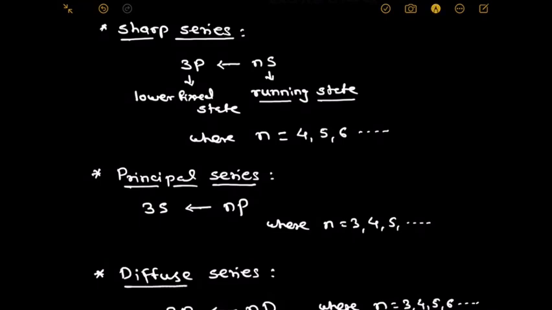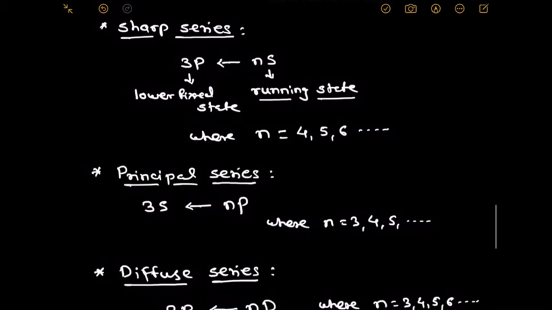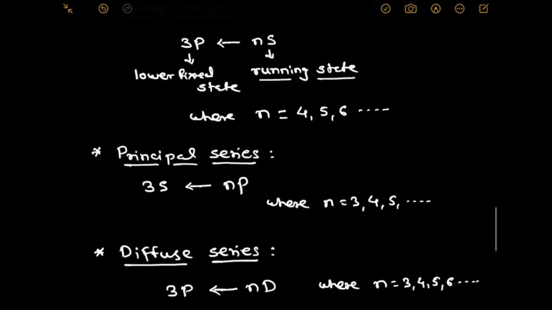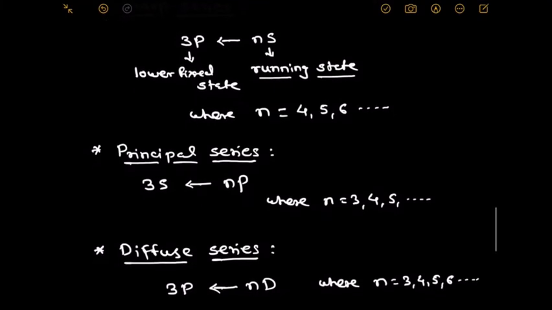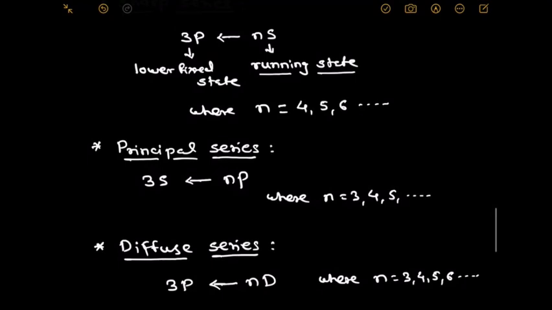Similarly, the diffuse series. How do we get the diffuse series? These lines are wider than the other spectral lines, and therefore we call it the diffuse series. Which are the running states?